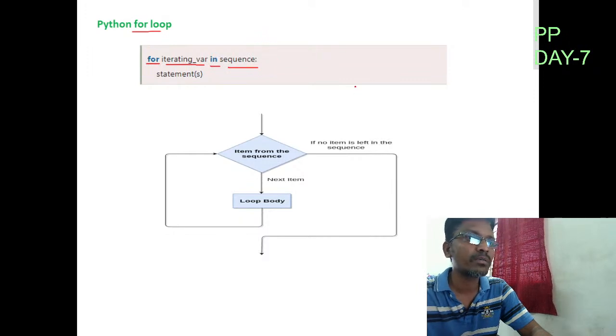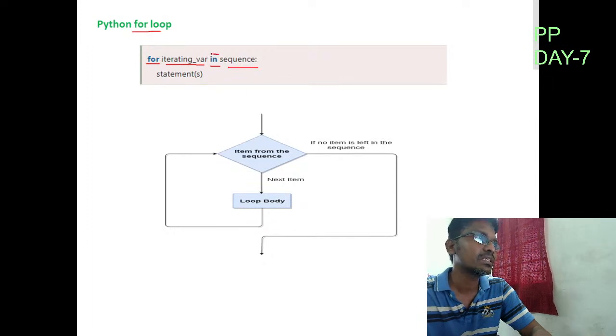Whereas in C programming, you have to use for, followed by initialization semicolon, condition semicolon, and increment or decrement. So there are three statements you have to use in C programming, whereas in Python you use for, the iterating variable, in, and then the sequence.